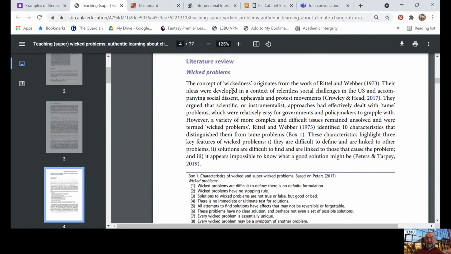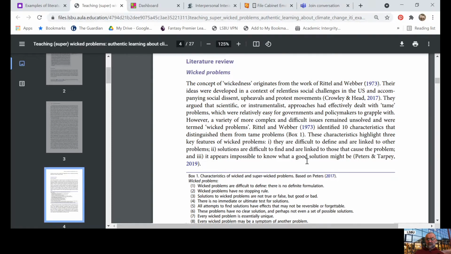It's got really an introductory paragraph that relates to the language and clarifies the definitions. You can see there that there are references. So we've got Rittel and Weber from 1973 and Crowley and Head from 2017. And at the end there, Peters and Tarpey from 2019.